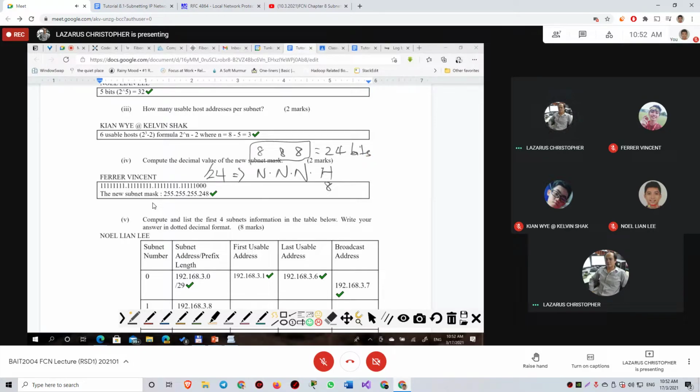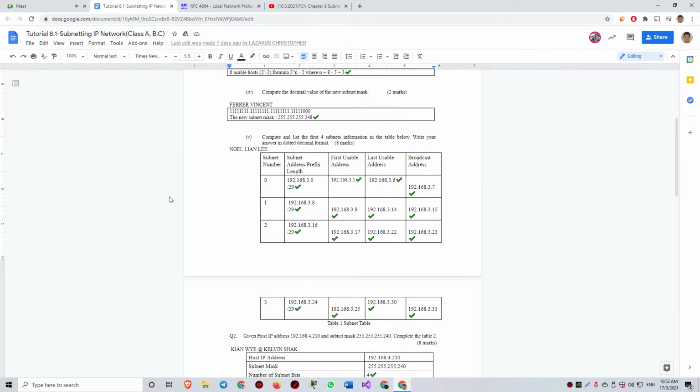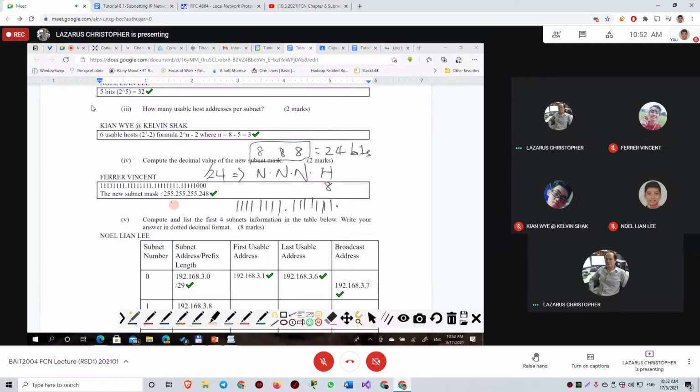To create the subnet mask, the network part is all ones. So 1, 2, 3, 4, 1, 2, 3, 4, that's 8 bits. Another 8 bits, and another 8 bits. That's three octets. And then the remaining 8 bits are the host part. But remember, we borrowed how many bits? 5 bits. So all the 5 bits are ones too.